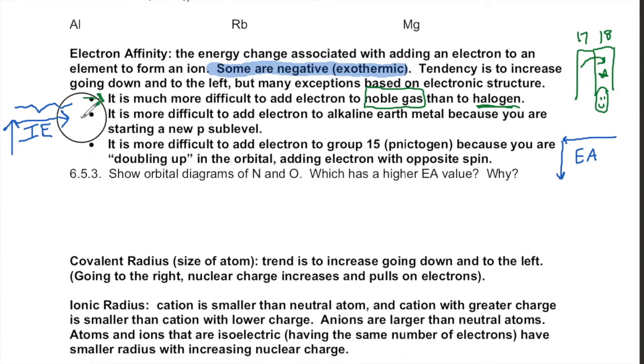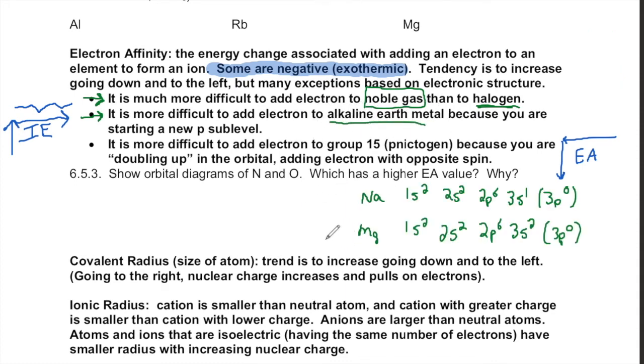Something that is more surprising to me is how difficult it is to add an electron to an alkaline earth metal. So let's compare sodium and magnesium. We have an alkali metal in sodium, alkaline earth metal in magnesium. So when you add an electron to sodium, it is going to go here into this s orbital because the 3s only has one electron, so you're going to put an electron in here and fill up the 3s orbital.